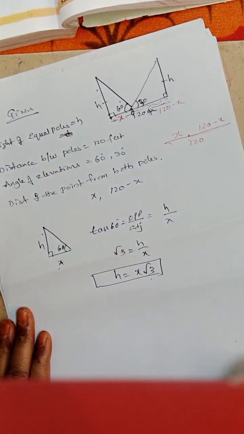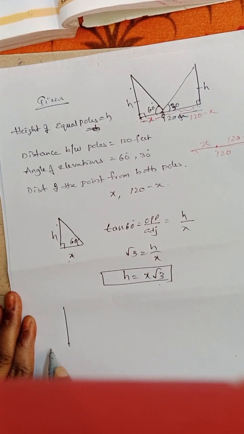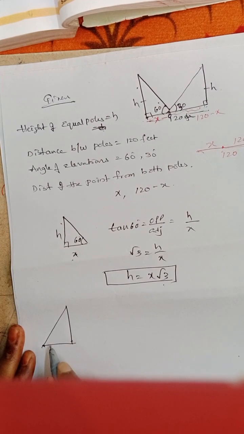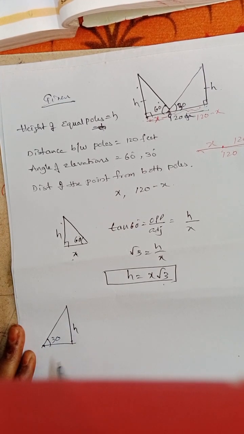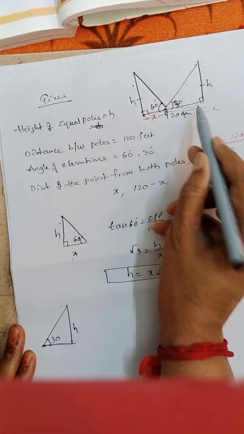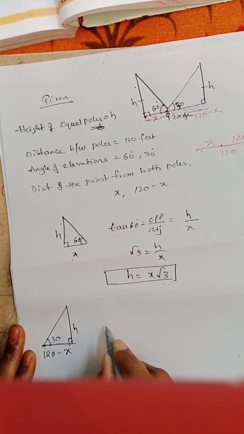Let us take the second diagram. The angle of elevation is 30 degrees, again the same height h, and this distance is from the total distance, the remaining distance, 120 minus x. Again for 30 degrees, this is the opposite and this is the adjacent, so opposite by adjacent is again tan.